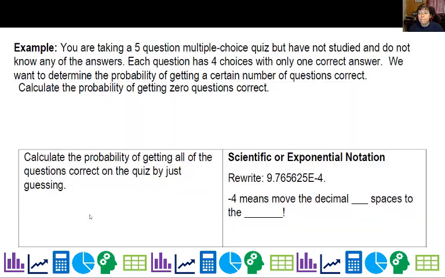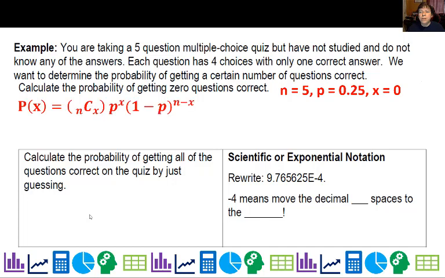All right? So calculate the probability of getting 0 questions correct. So let me write down my N, P, and X because those are very important. Now, X can change from question to question. N and P are usually the same for one scenario, okay? So that X number is going to change as we do different problems, all right? So I'm going to go ahead and use the formula, and I'm going to put in 5 choose 0 for my coefficient, and then 0.25 to the 0 because we're getting 0 questions correct.